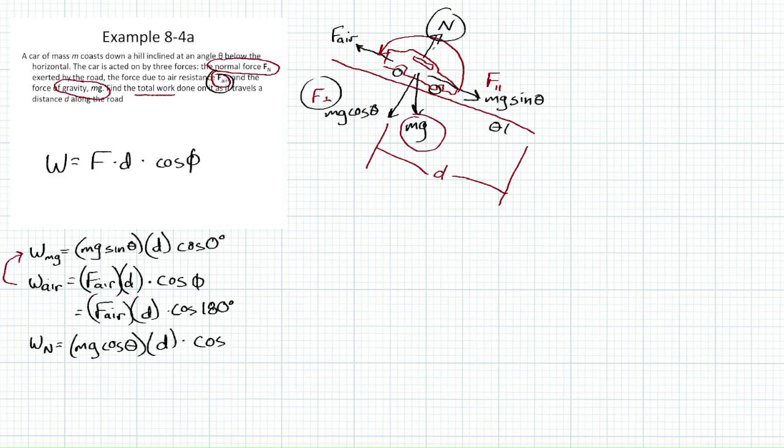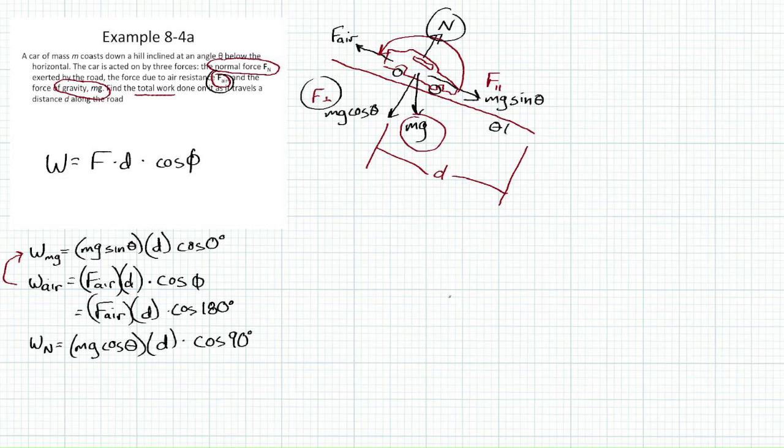What's the angle between either our normal force or our perpendicular force and the direction of displacement? Well, it's 90 degrees. Cosine of 90 degrees equals 0. So the perpendicular component of the car's weight directed into the road, and the normal force, the road supporting that weight, both do absolutely 0 work on the car because they're not contributing towards its direction of displacement. They're at right angles to it, and that 90-degree right angle results in 0 work being done.